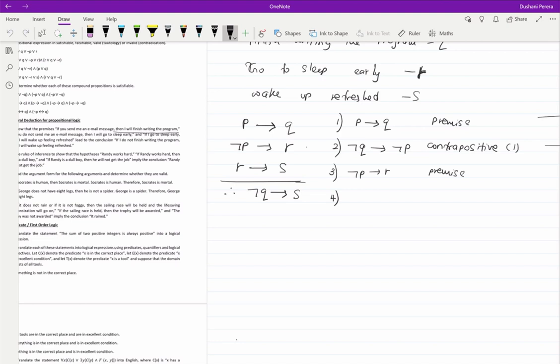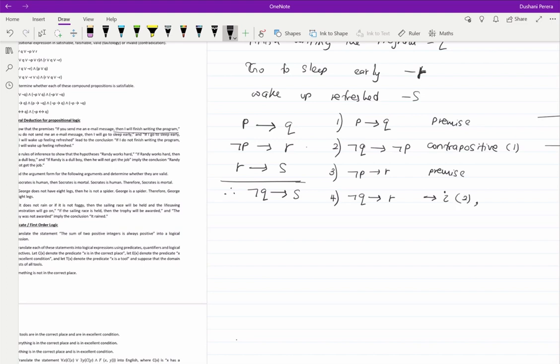So this is a hypothetical syllogism. So what you can do is discard negation P and directly take negation Q implies R, and this rule is hypothetical syllogism. Implication, we are introducing a new premise here, so we write I, and then the rules that we use to come up with this are 2 and 3.